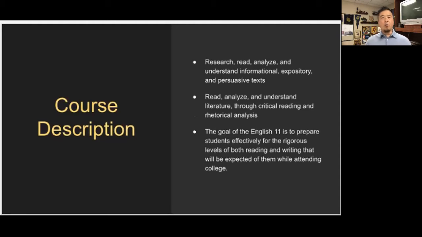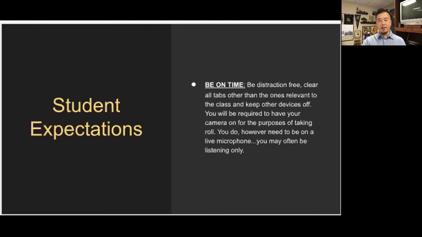What we are helping students to do is to really learn to read informational, expository, persuasive texts and literature critically, to extract the meaning and the understanding, not only of the content of what is being said and what this text might be about, but how or why the author is effectively communicating them. That is the area of rhetorical and literary analysis that we focus on a great deal in this class.